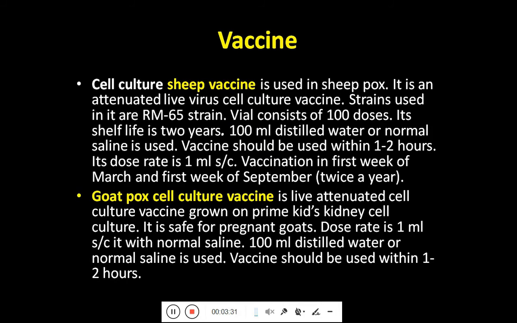Now coming toward the vaccine, a cell culture sheep pox vaccine is used in sheep pox.